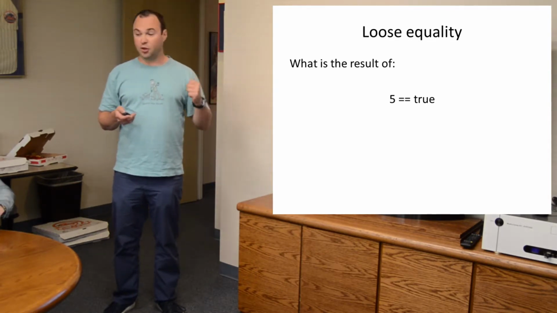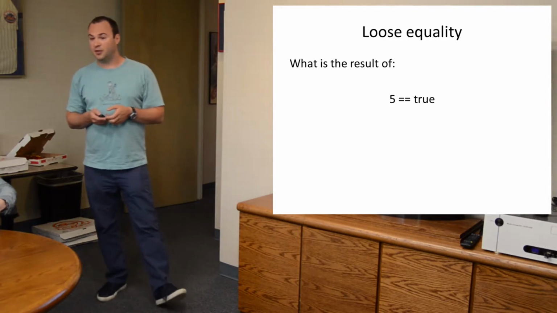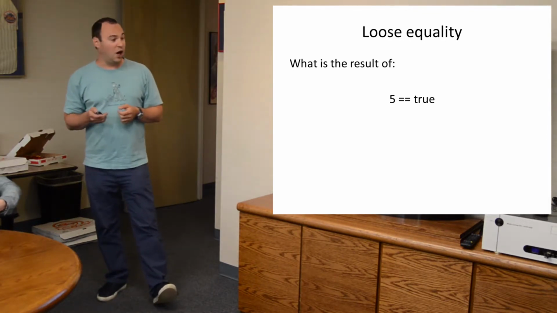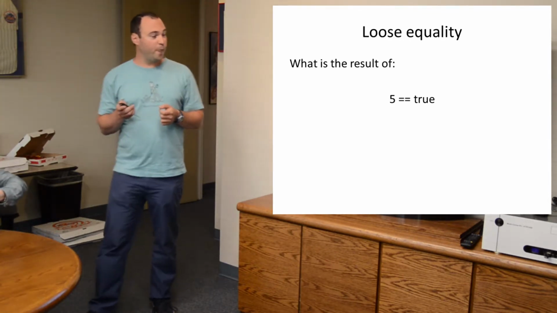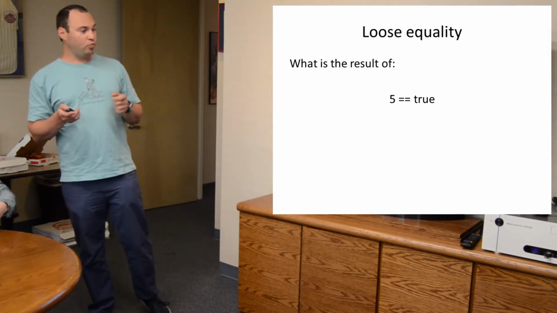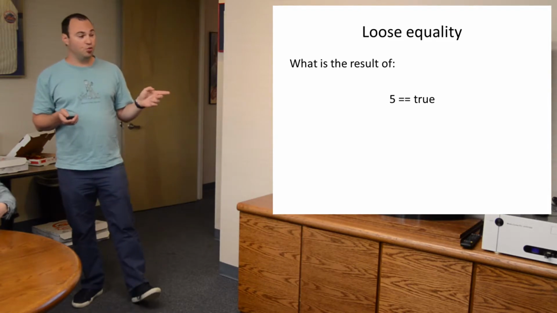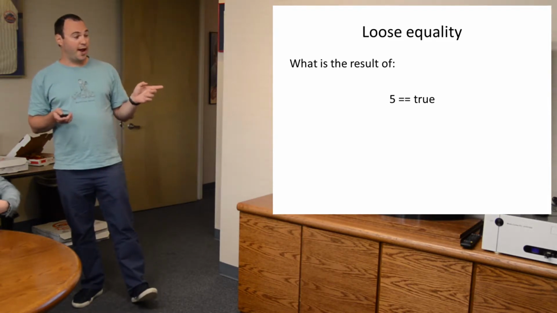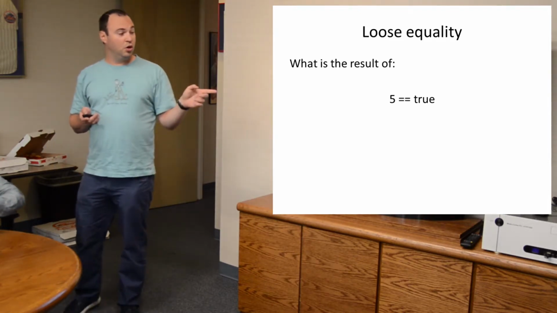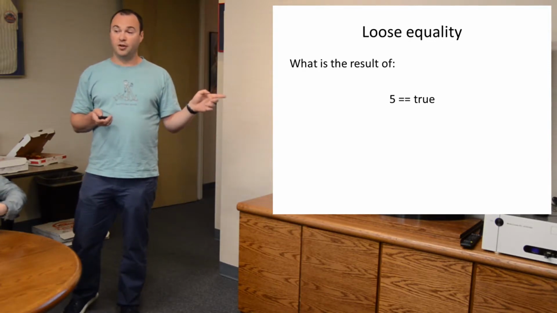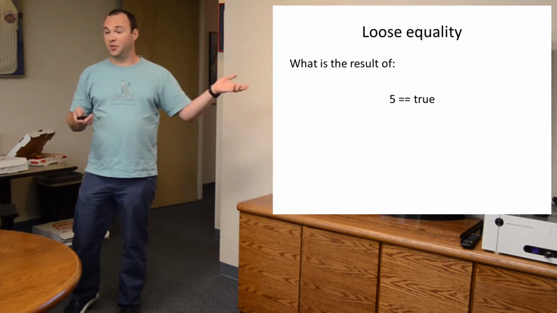Does anyone know what the result of this would be? True. It's actually false, because both of these, on a comparison like this, are converted to numbers, and true is converted to a 1. So, 5 doesn't equal 1.